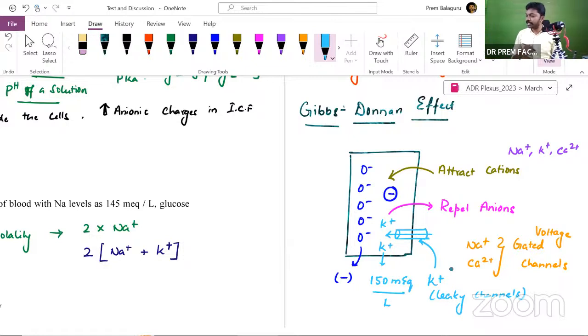This is what contributes an enormous amount of potassium inside the cell. 150 milliequivalents per liter of potassium is seen in the cytoplasm, whereas extracellular fluid potassium is 3.5 to 5.3 milliequivalents, isn't it? This effect, where the cations in the form of potassium are attracted by anions inside the cell, leads to uneven distribution of potassium ions.